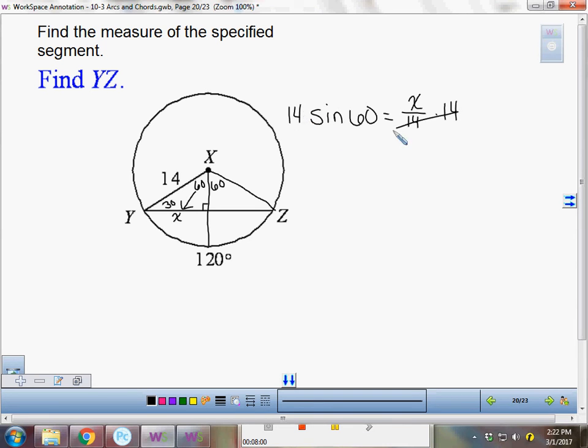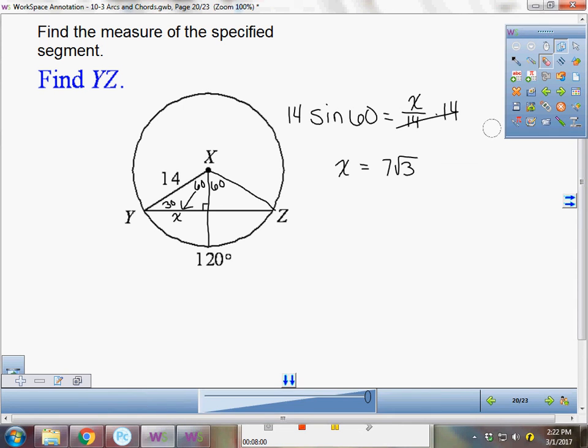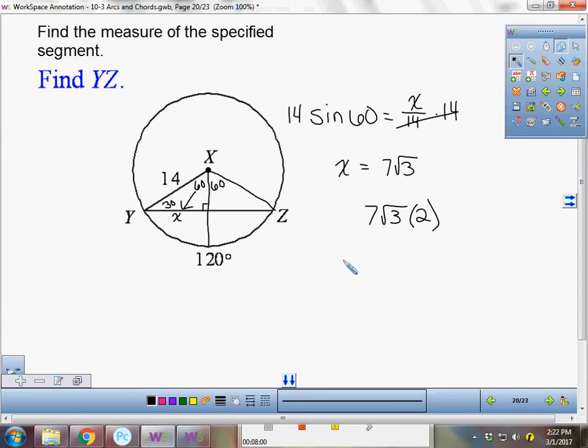And if I plug that in, it's going to tell me that x is 7 square roots of 3. So this little piece is 7 square roots of 3, but I have to double it. So that would give me 14 square roots of 3.